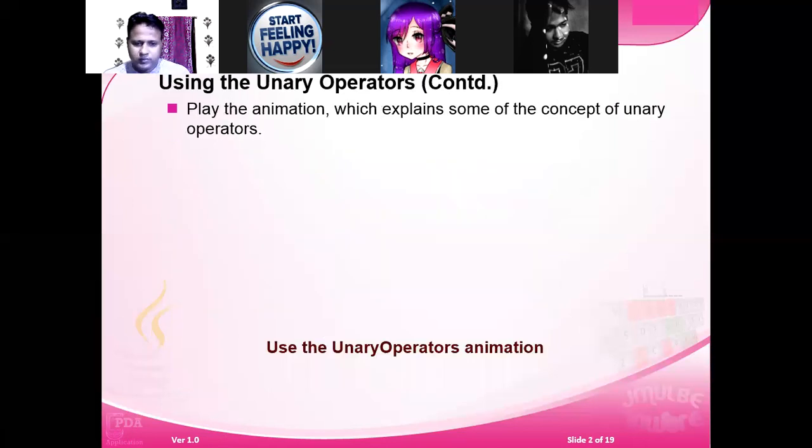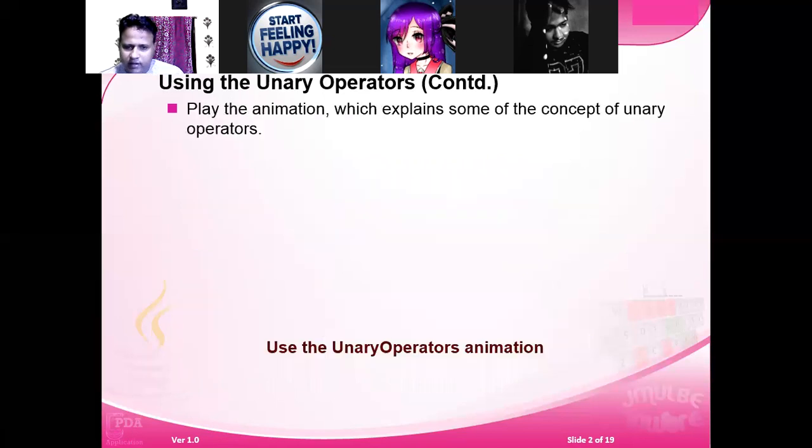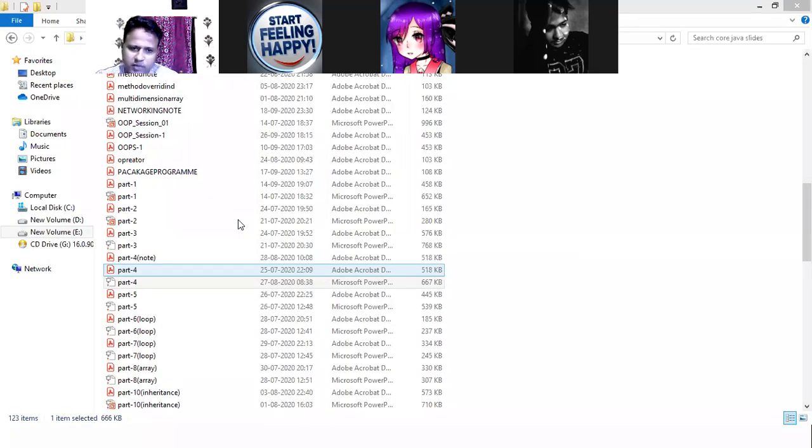Okay, so how the unary operator is working, I will show this animation.